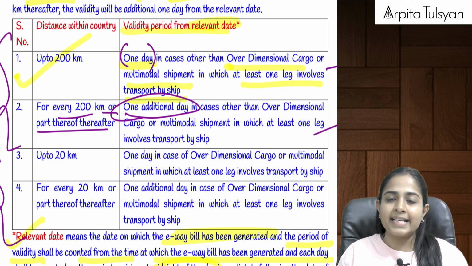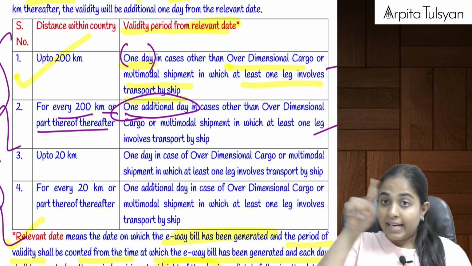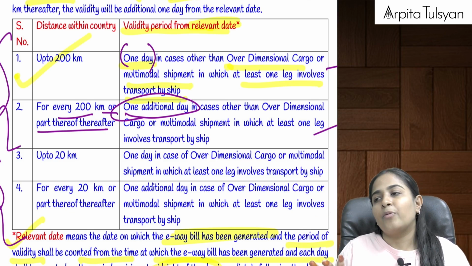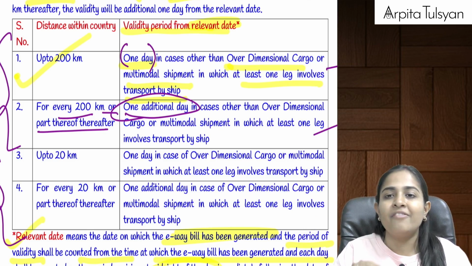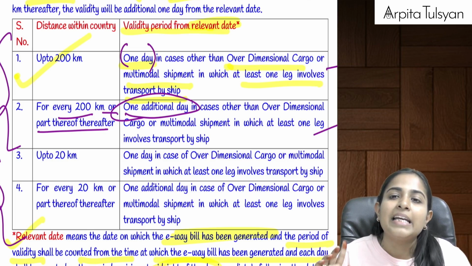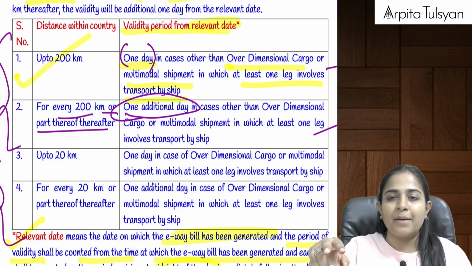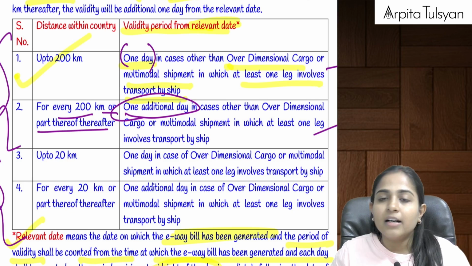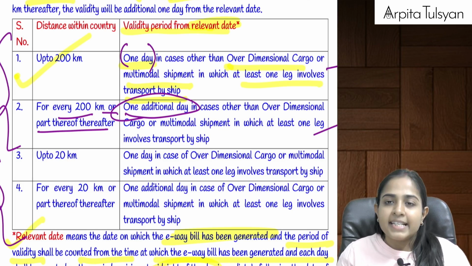So in case of over-dimensional cargo, etc., the e-way bill will be valid for a period of 1 day for every 20 kilometers. The distance traveled will be available, right? So for every 20 kilometers, validity is equal to 1 day.